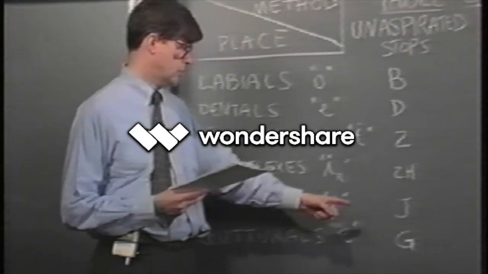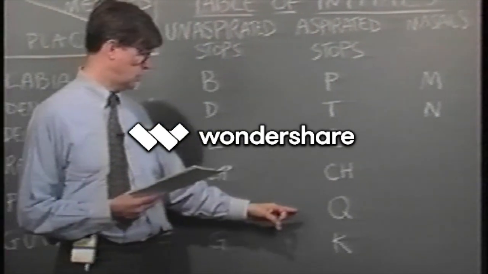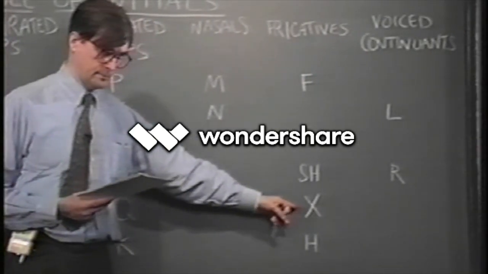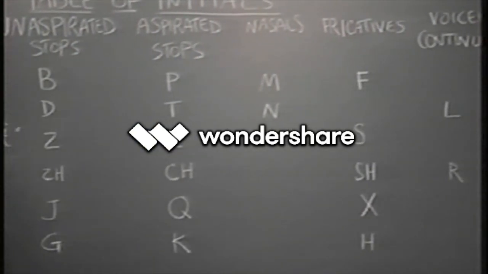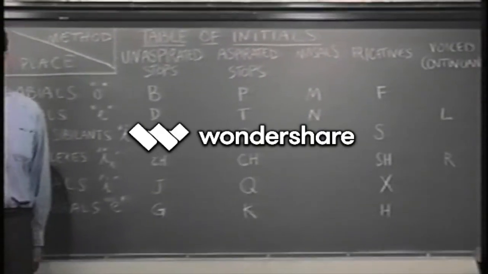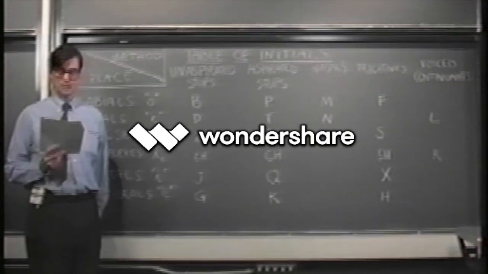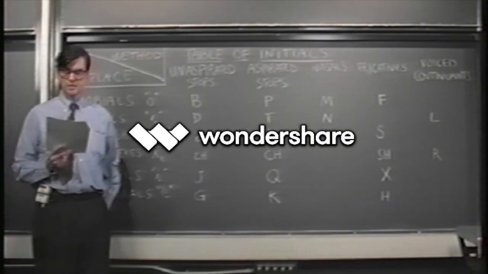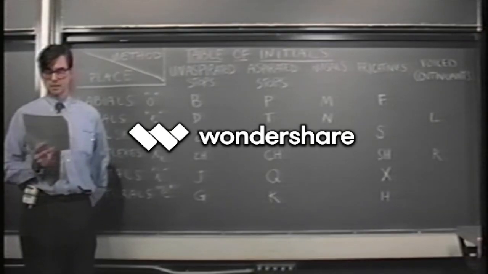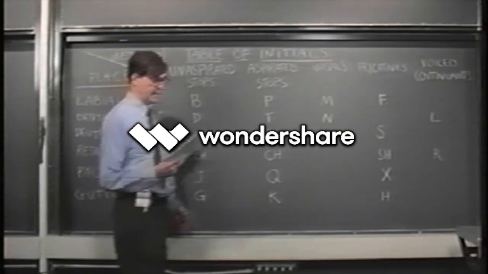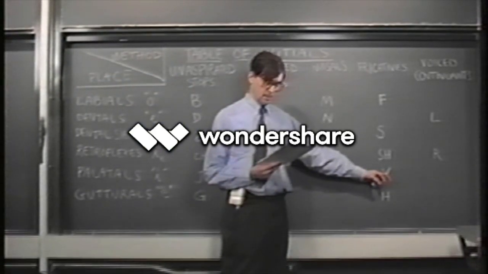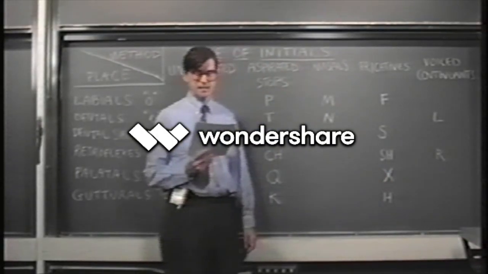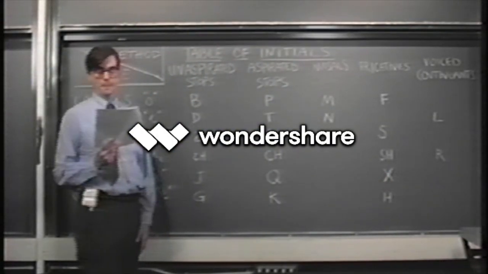The 2nd and 3rd members of this row, written Q and X, may be described as follows. The initial Q resembles somewhat, but not exactly, the letters CH in English. And the initial X resembles somewhat, but not exactly, the letters SH in English.